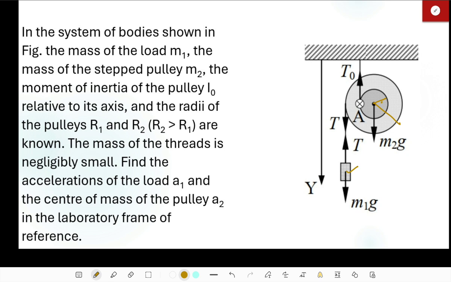Believe me, because the thread attached to the ceiling is inextensible.